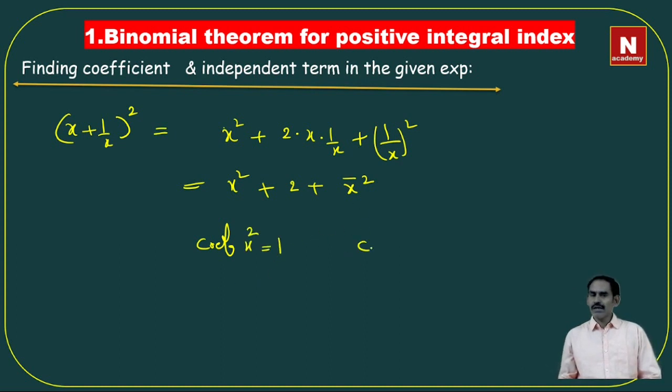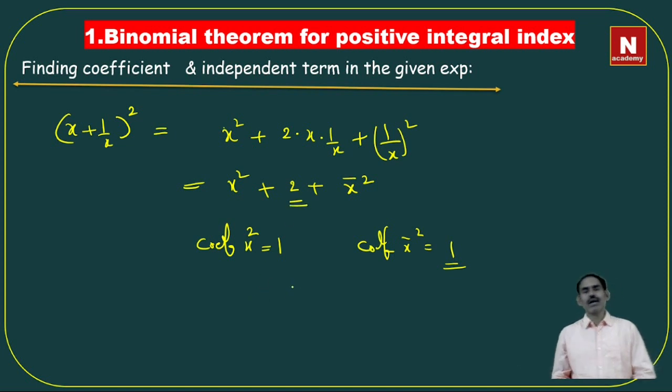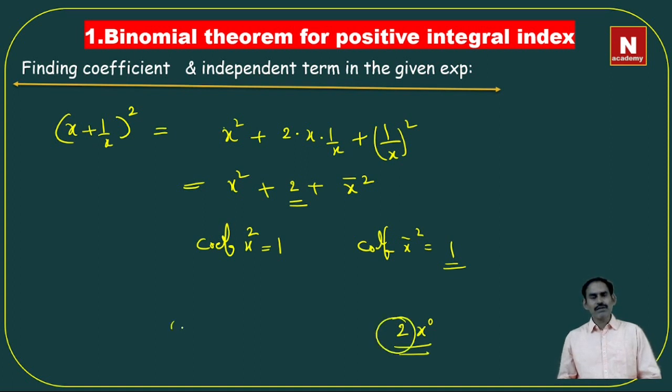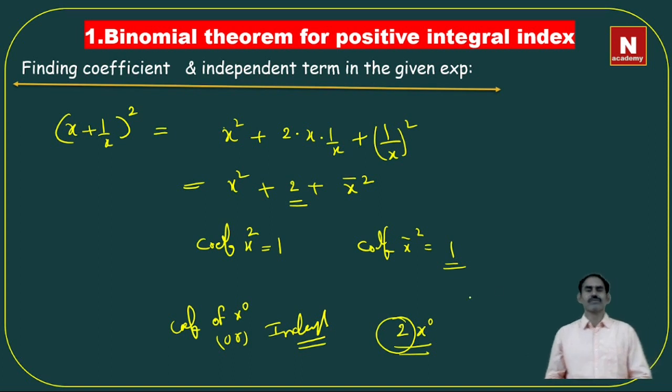The coefficient of x power minus 2 equals 1. What is 2? 2 is known as the independent term or coefficient of x power 0. 2 can be written as 2 into x power 0 also. Therefore, 2 is known as the coefficient of x power 0 or the independent term. Remember, the independent term means without x term. In this term there is no x, that's why it is called the independent term.